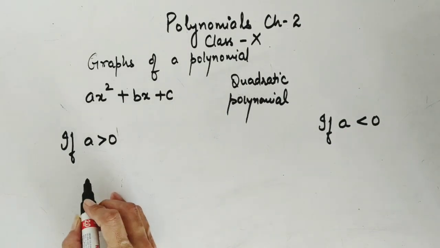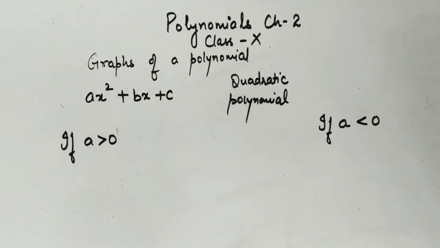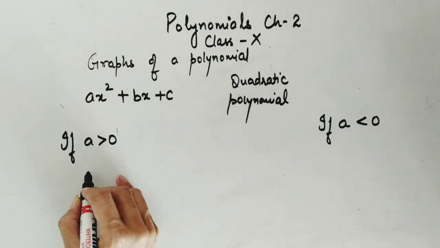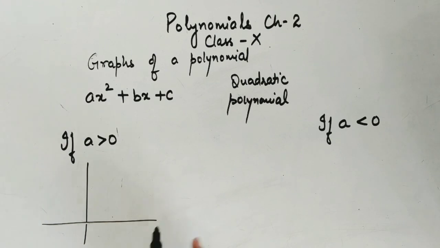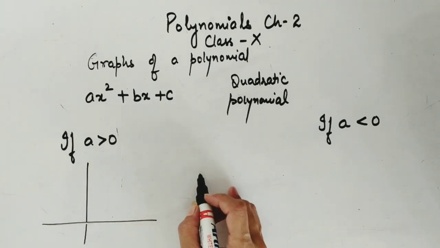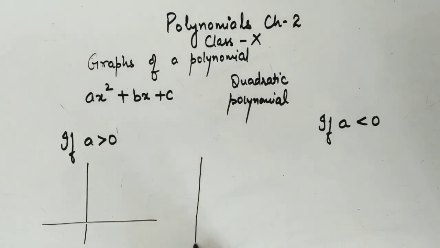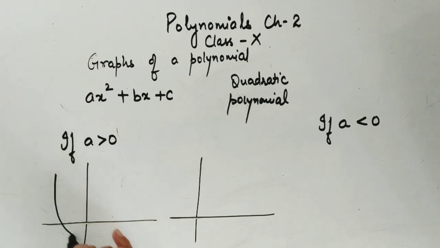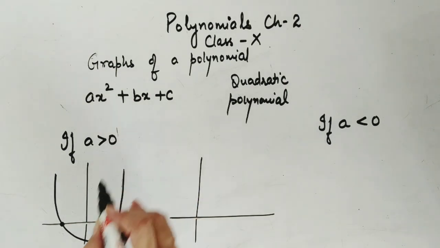If a is greater than 0, you would see there can be three different situations. Graph can be going in this form. It would be meeting the x-axis at two distinct points and it's going in the upward direction.